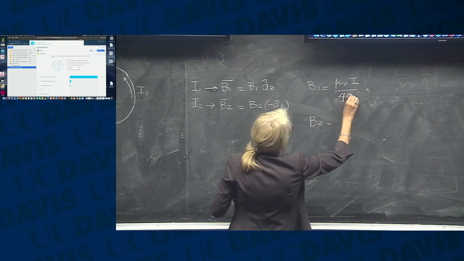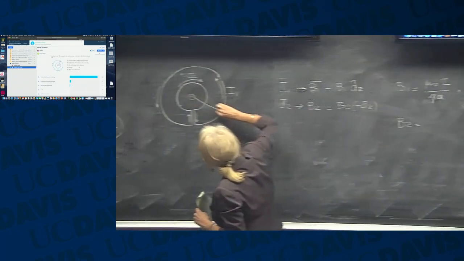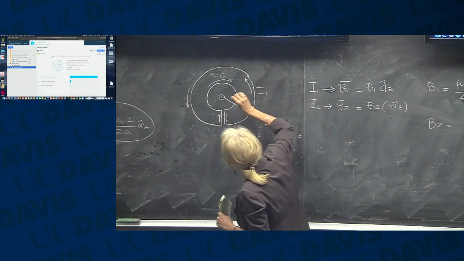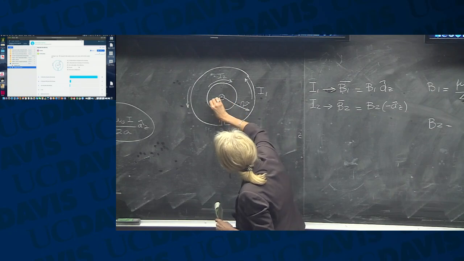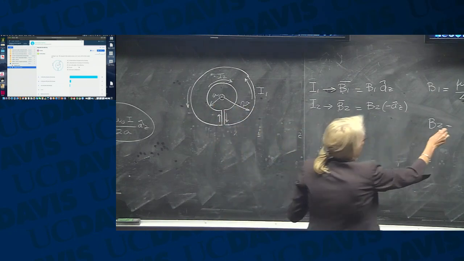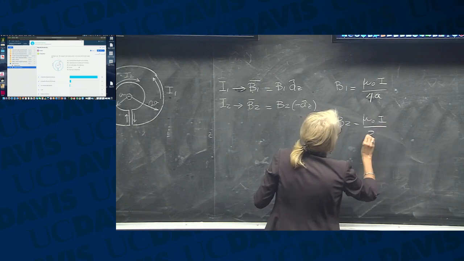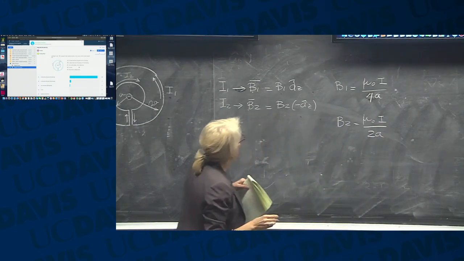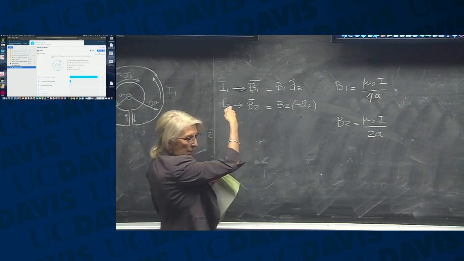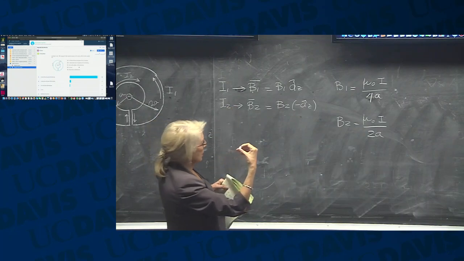This is 2A, and this is A. The other one would be mu naught I over 2A. This goes along the negative Z, this goes along the positive Z.